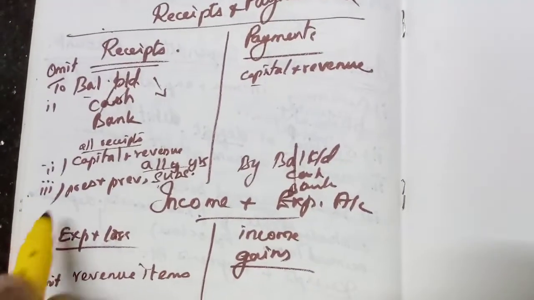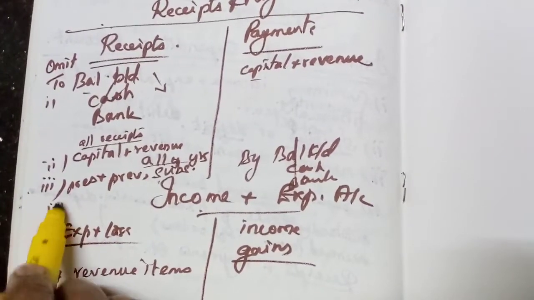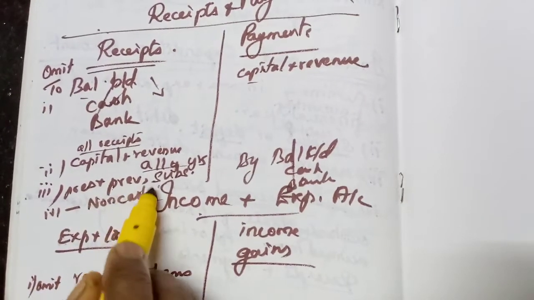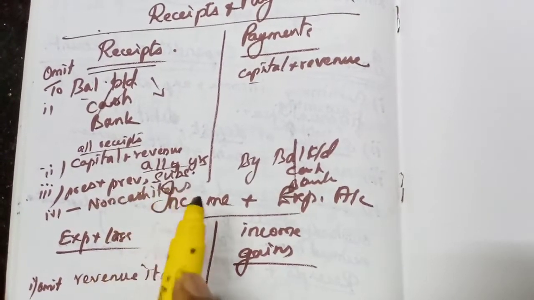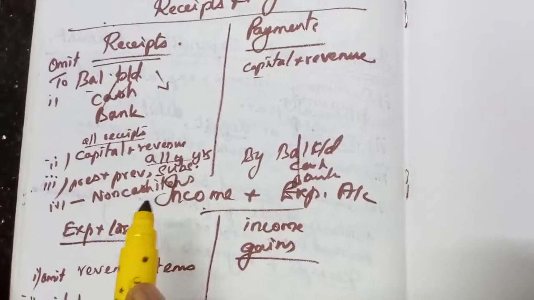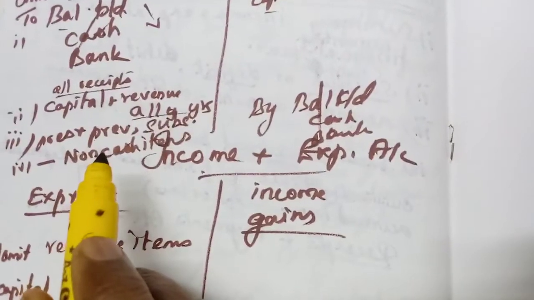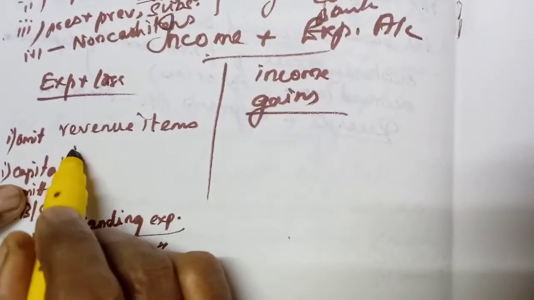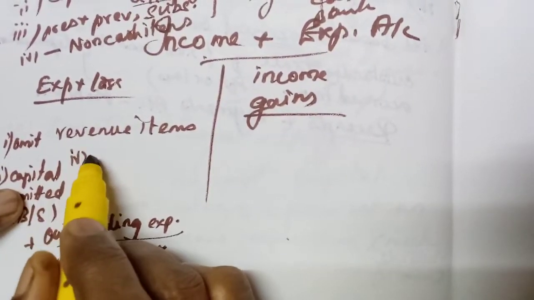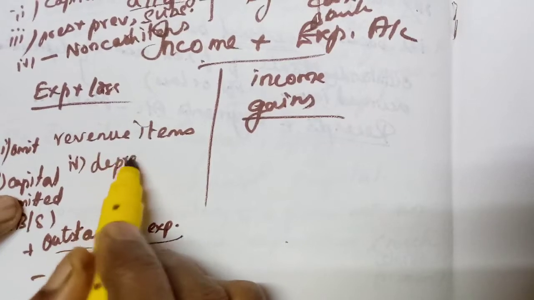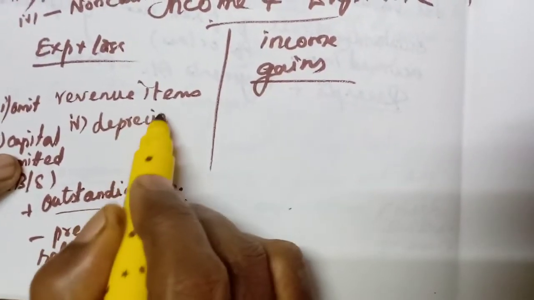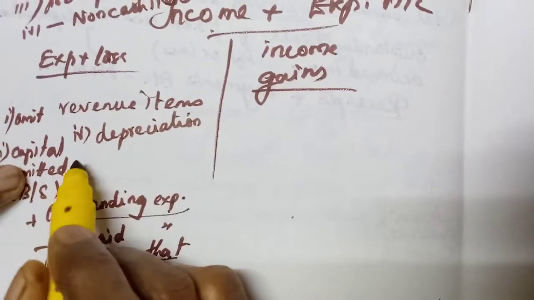What are they? We will not include the non-cash items. Non-cash items such as depreciation, isn't it? All these will be included here. Non-cash items, depreciation, then outstanding expenses, prepaid expenses, then any bad debts.